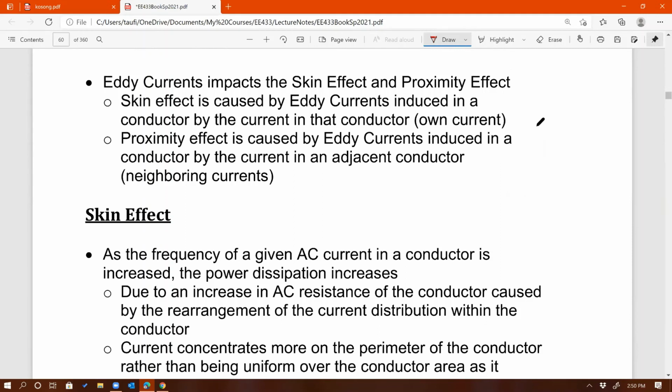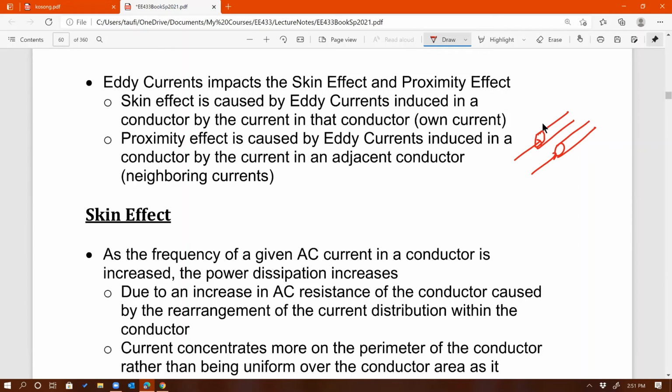So if you have a wire and that wire has current, then skin effect is caused by that same current. But if you have 2 wires, and each wire has current, for example, then proximity effect is caused by the eddy current effect from the other wire, right?